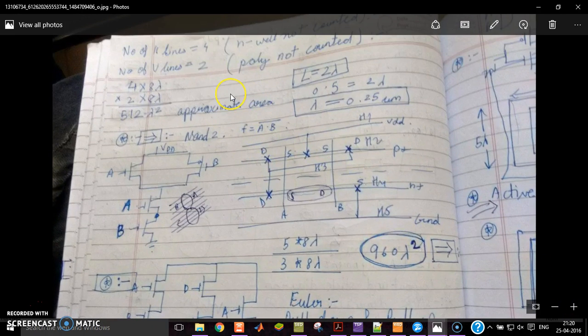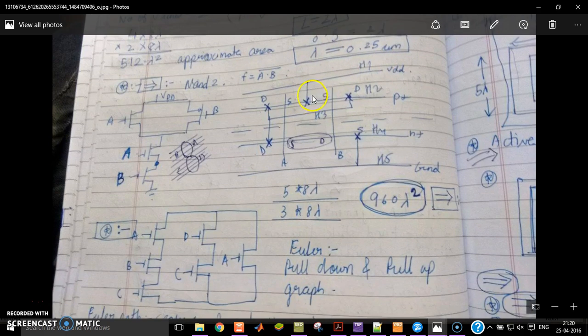So if you want to calculate the approximate area, it's 4 into 8 lambda into 2 into 8 lambda. That means you multiply this 4 by 8 lambda, this 2 by 8 lambda, and multiply both these quantities. So it will come out to be 512 lambda square, which is the approximate area. This L is 2 lambda, which is 0.5 micrometer in whatever circuits we are making. So the lambda comes out to be 0.25 micrometer.